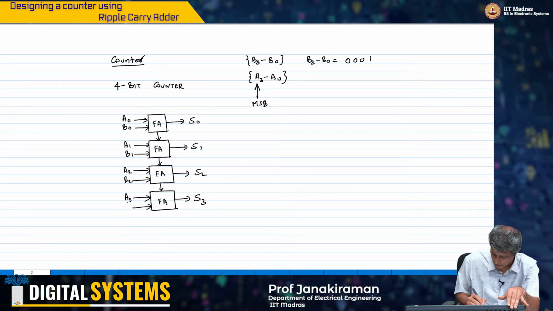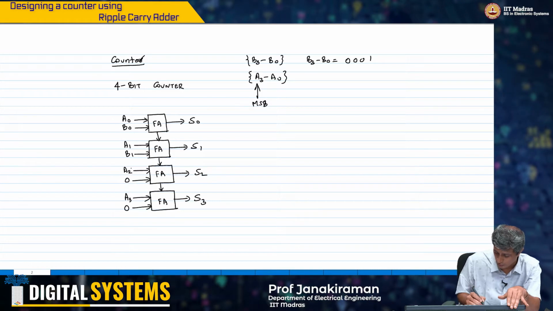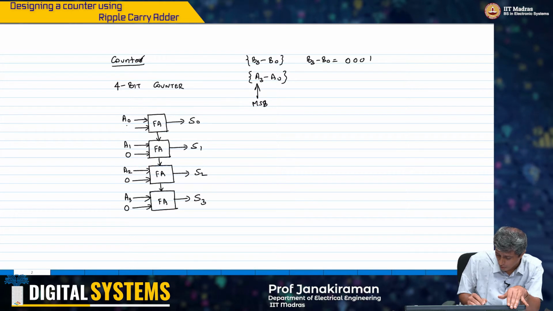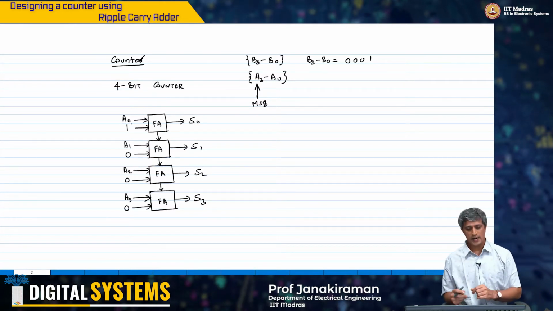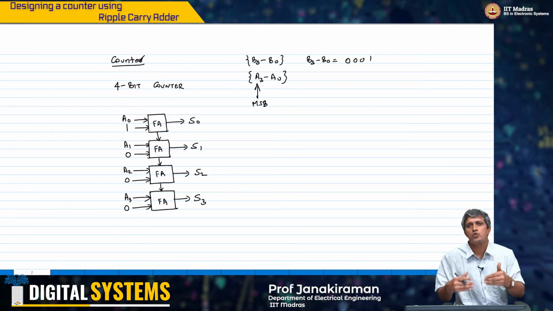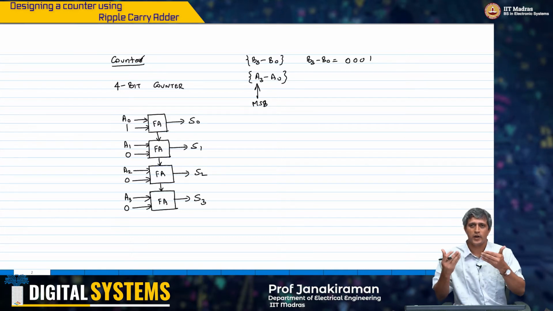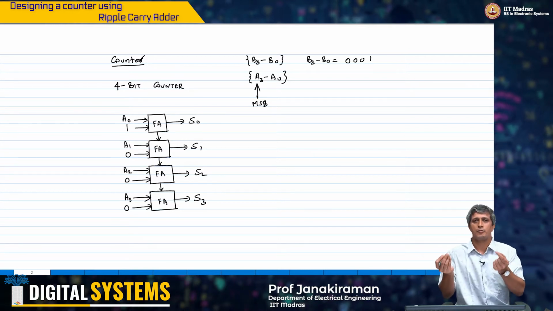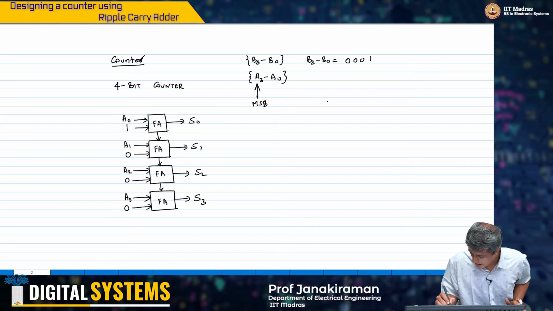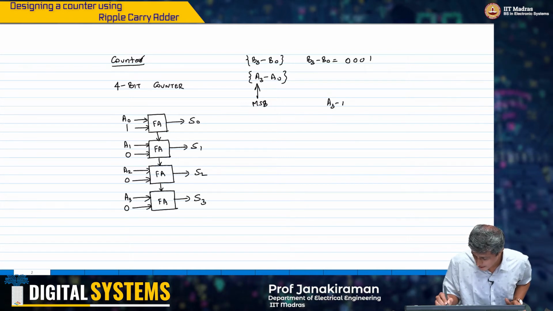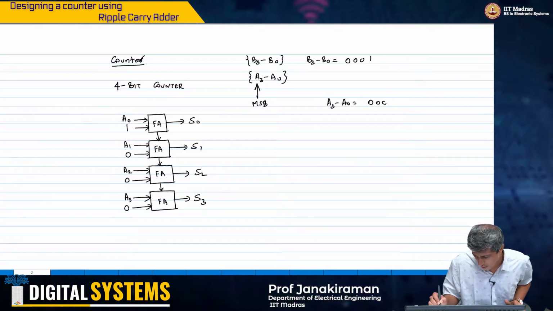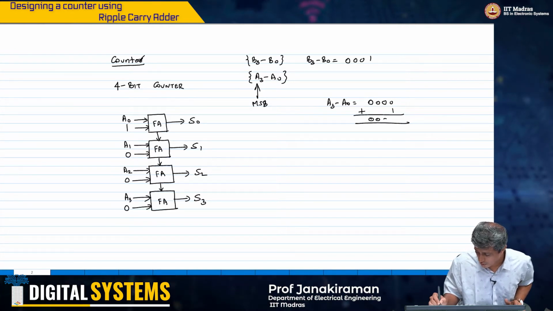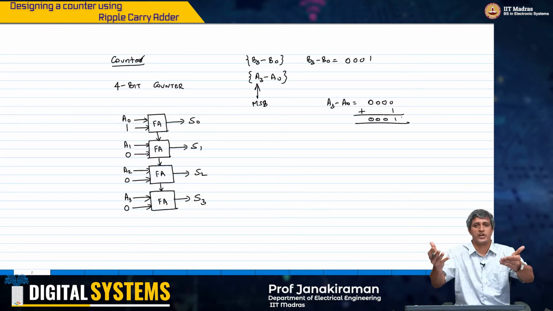So all I'm going to do is tie this to 0, 0, 0, 1. So whatever the value A is, A0, A1, A2, A3, I am just going to add 1 to that particular number. If my A3 to A0 happens to be 0, 0, 0, 0, I will add 1 and I will get 0, 0, 0, 1 as my output state.